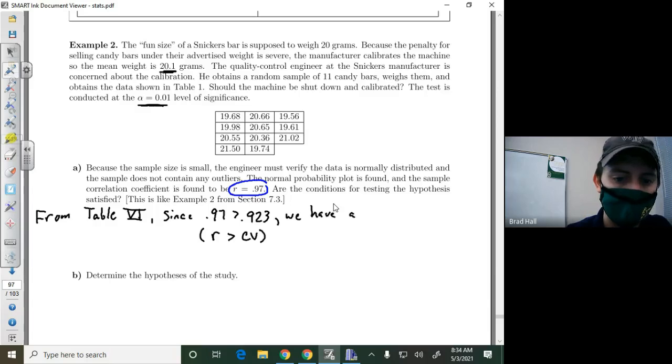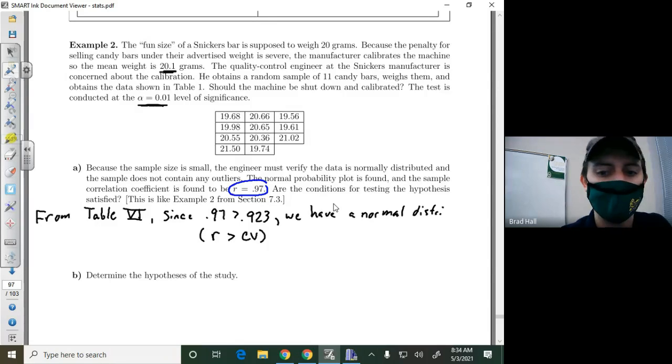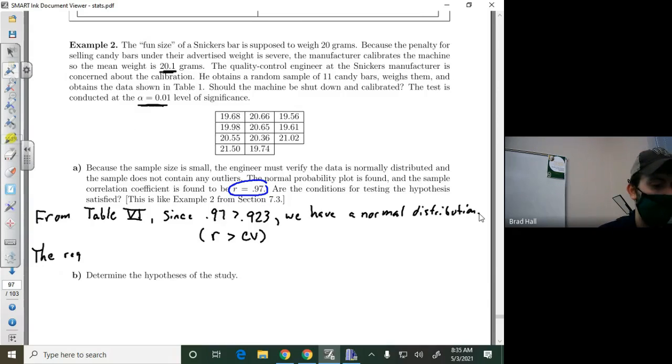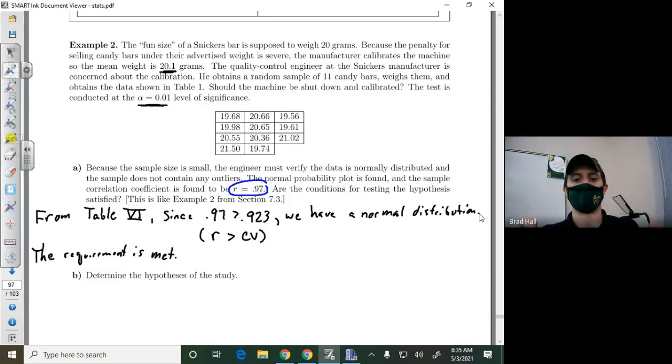We have a normal distribution, which means we do not require that we have over 30 samples, because from the limited sample size we have a normal distribution already. And so the requirement is met, or the condition is met.